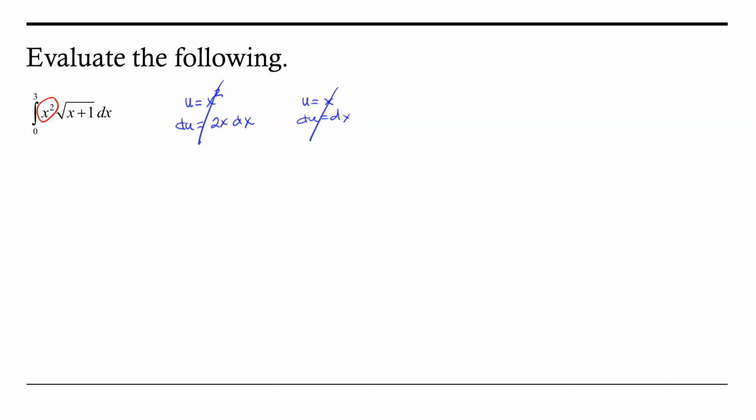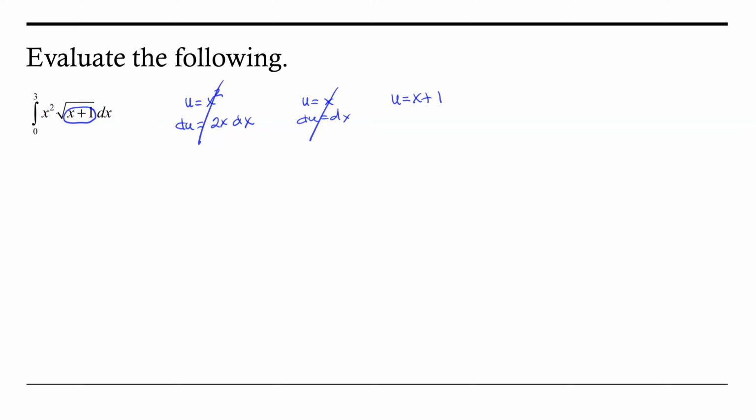So we tried this, we tried this. What else can we try? Well, what if we let u equal x plus 1? So what if we let all of this under here equal u?